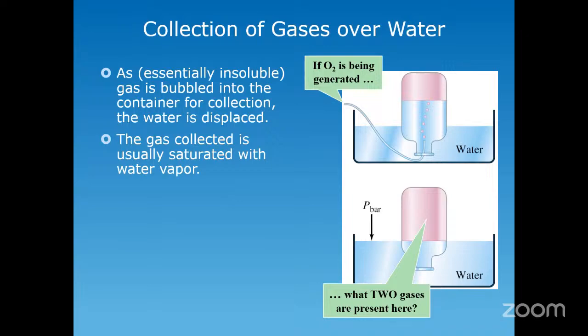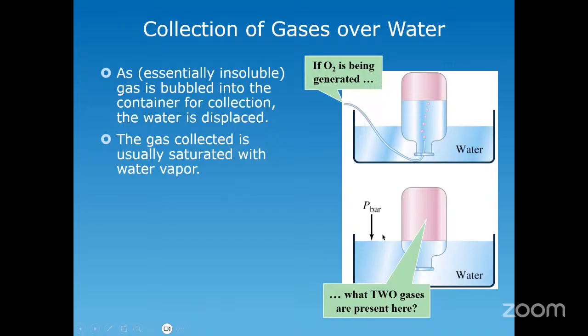Eventually equilibrium will be achieved, where a certain amount of water vapor is collected right here. So there are two gases present: the water vapor and the gas that you're collecting, which in this case is oxygen.